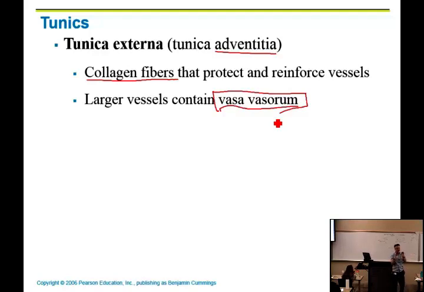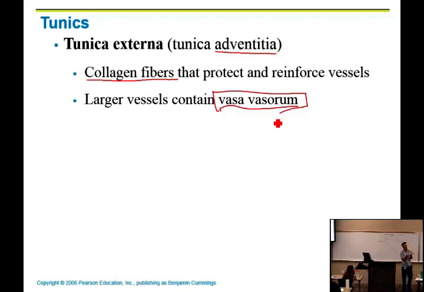So what they need is additional blood vessels. There are blood vessels on the surface of the blood vessel that are feeding it to make sure it's alive. So much like the coronary circulation feeds the wall of the heart, its own little circulation, sometimes with very big blood vessels, you'll get a little circulation of little blood vessels that are feeding the wall of it. Okay? So that's what that means.